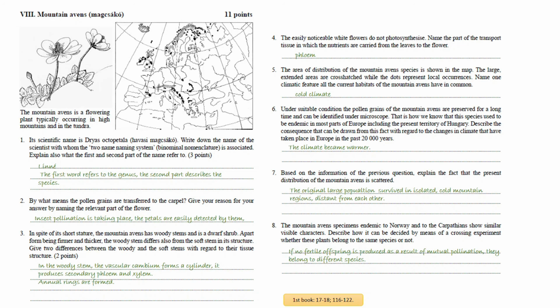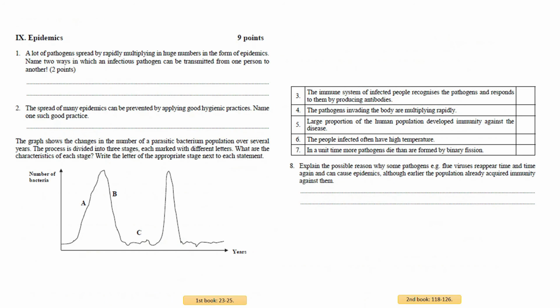Okay, moving on to the last exercise, which is entitled Epidemics. A lot of pathogens spread by rapidly multiplying in huge numbers in the form of epidemics. Name 2 ways in which an infectious pathogen can be transmitted from one person to another. You can mention many things in here, for example, coughing, sneezing, or the consumption of contaminated food or water.